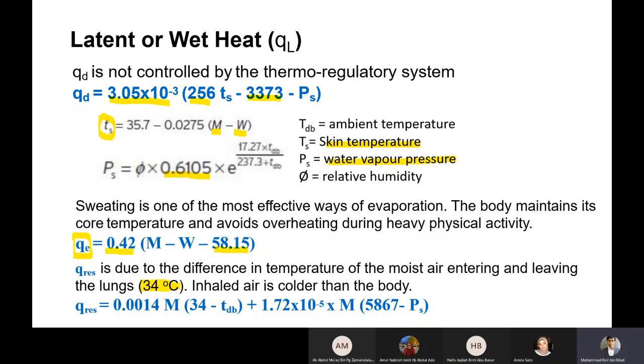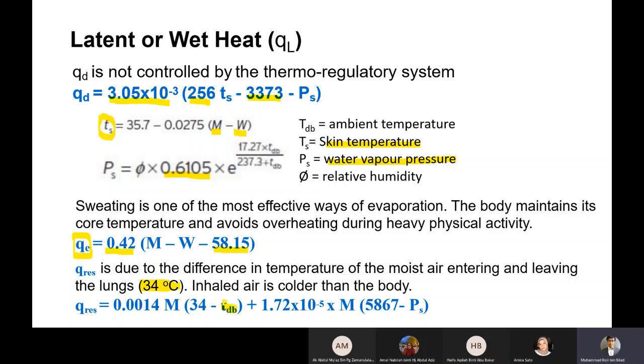Maybe the exhaled air temperature is not 34 in that case, but what I'm very sure of is that you lose more energy when you are in very cold temperature than when you are in normal temperature.